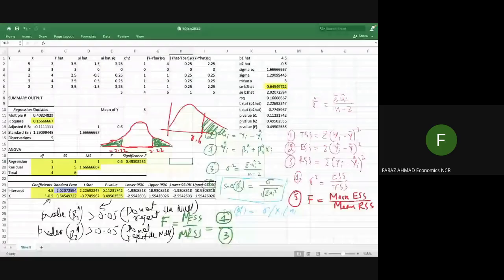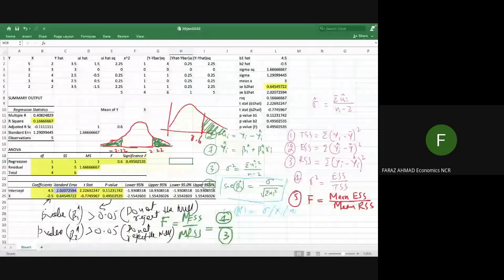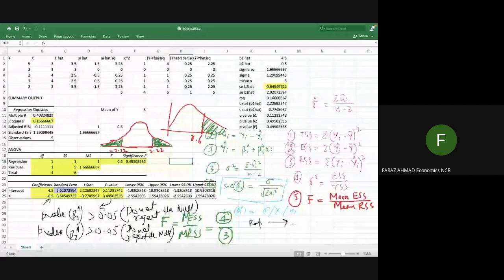So in the population from which this sample was collected, there was no relationship between x and y. So we conclude that x does not affect y in this case. Now we are able to say something about the population using our sample. That's the beauty of hypothesis testing, the whole exercise that we just did.